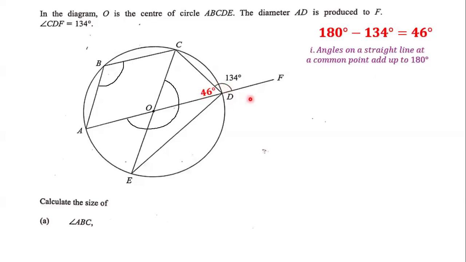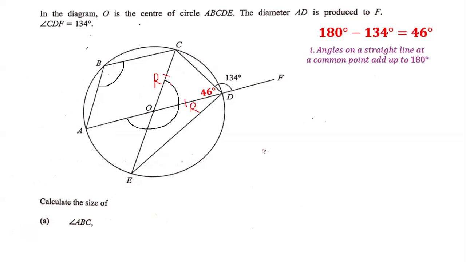But what we notice is that we have a line segment that runs from the center of the circle to the circumference, which means that this is a radius. So let's put that there. And we also have a line segment that runs from the center of the circle to the circumference, which means that this also is a radius.